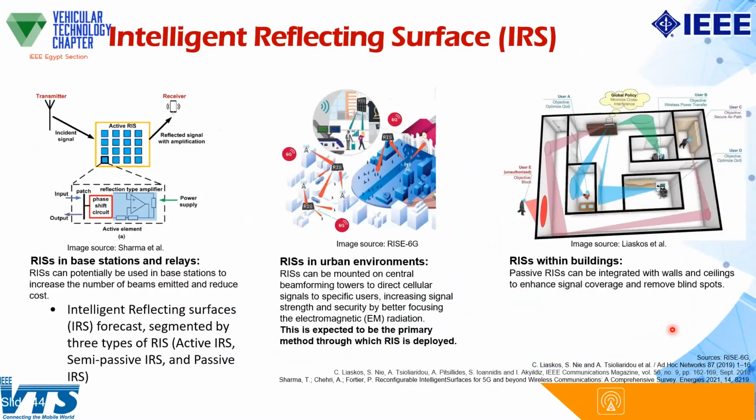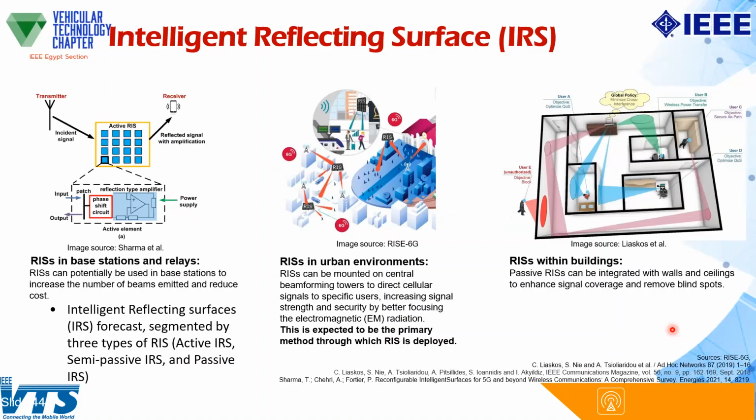Intelligent reflecting surface: we have three main types from the perspective of operation. We have passive, meaning that when light or RF is incident on this surface, it will be reflected in a certain way. The active one will absorb the incident ray and do some processing in order to amplify its amplitude and then reflect it again.